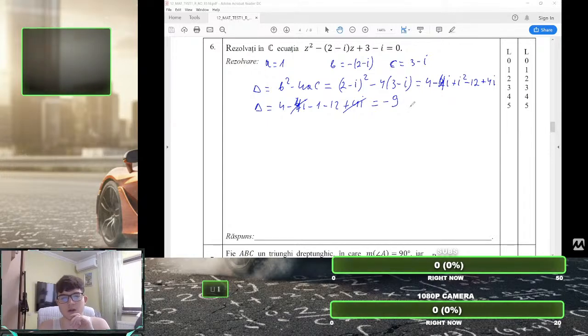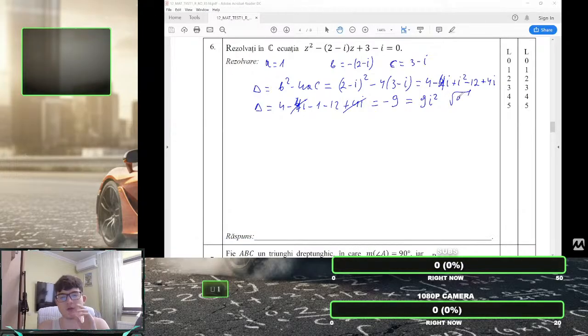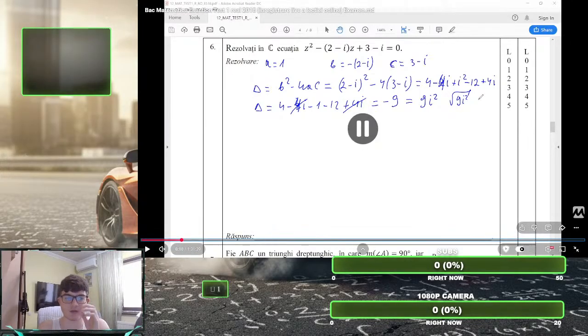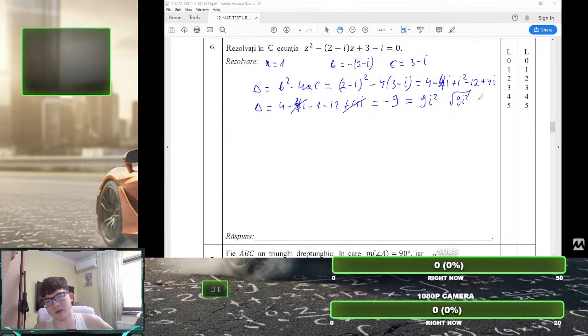Yeah, minus 9. And usually when you solve with delta and regular stuff, if it's minus, you just stop. But here, you just place, instead of a minus, i to the second power. So that's going to be our delta, imaginary stuff.